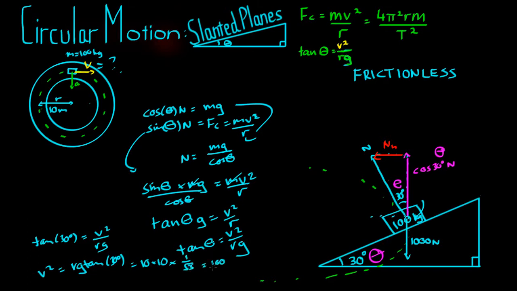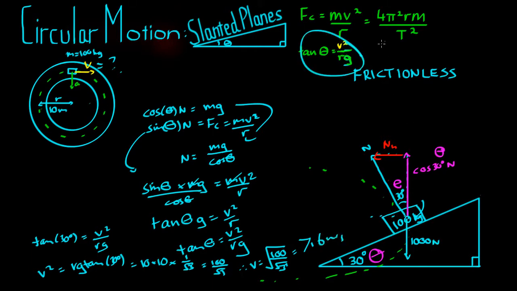So 100 on root 3 is v squared. Therefore, v is the square root of 100 on root 3. Let's run this through the calculator. We get v equals 7.598 meters per second. And we had before approximately 7.6.